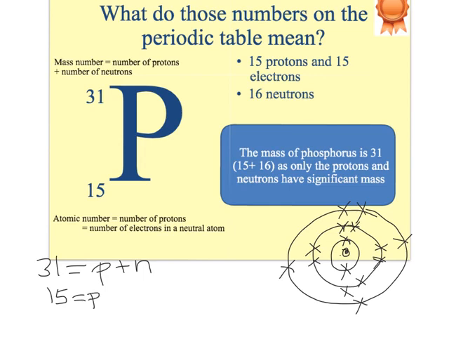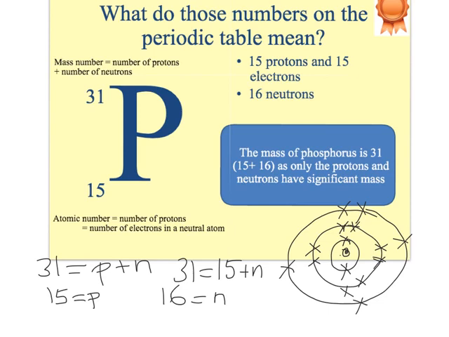It's a little bit like solving simultaneous equations in maths. So you can substitute this into here. 31 equals 15 plus n, which means that the number of neutrons is going to equal 16. And you should be familiar with that calculation now.